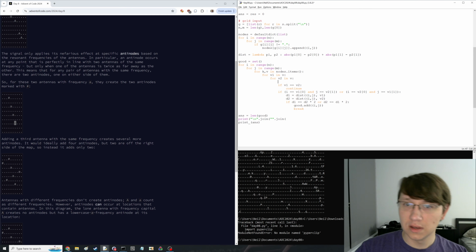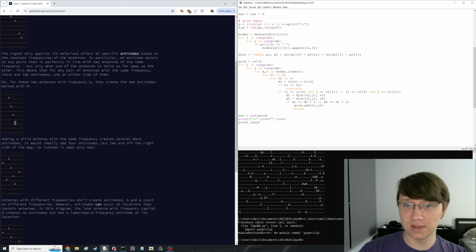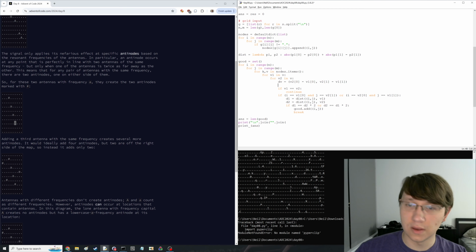How do I easily check if V1, V2, and IJ are collinear? If I was better at geometry, this would be a lot easier. But I guess we'll do, okay, so that's a vector. I can do another vector, and then I want to check if these vectors are scalar multiples of each other.